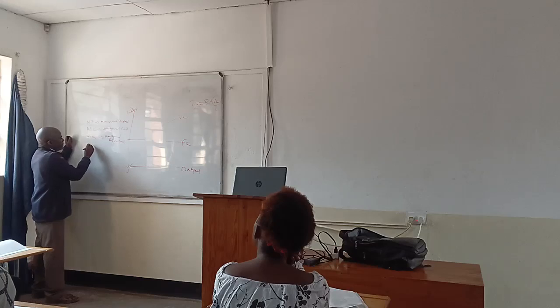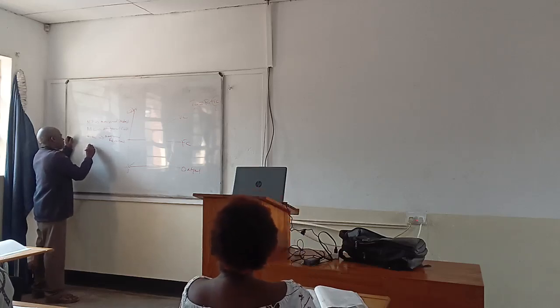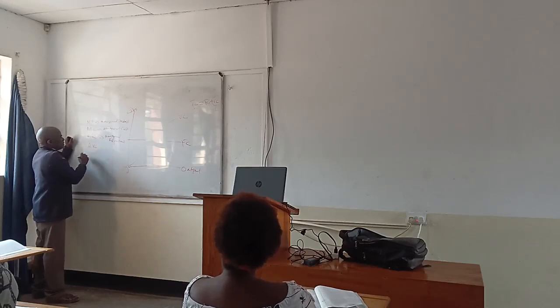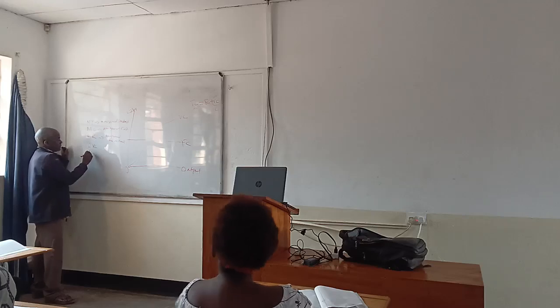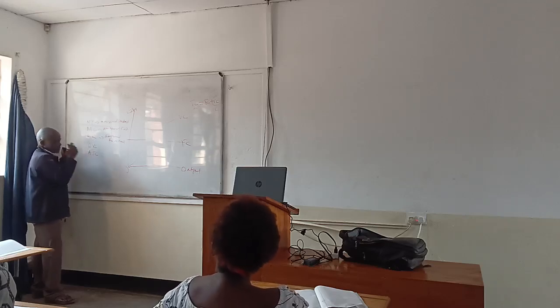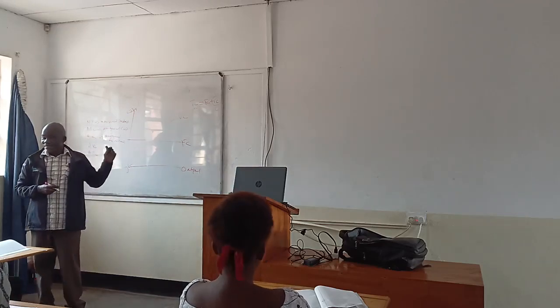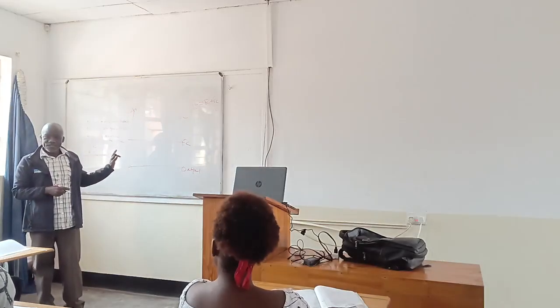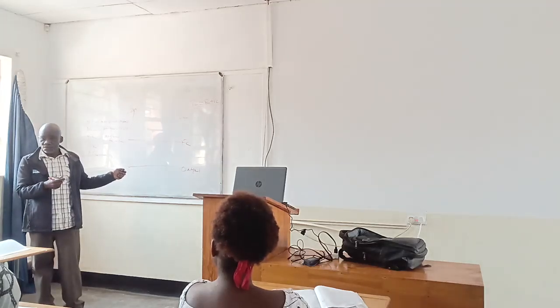Then we also had average variable cost or average total cost. Those concepts should be clear with you. Is anybody having problems with that? I'm just revising one more. We'll move on to another issue.